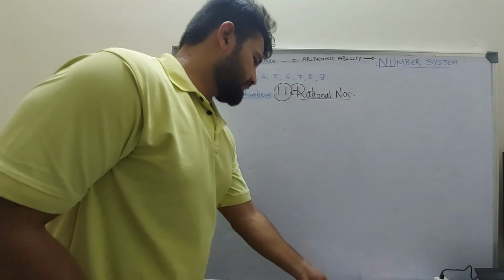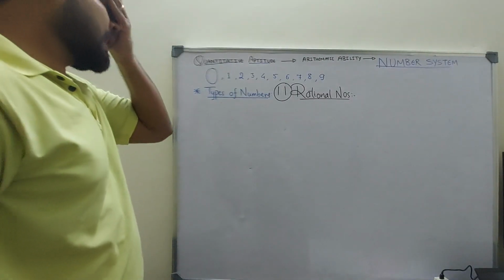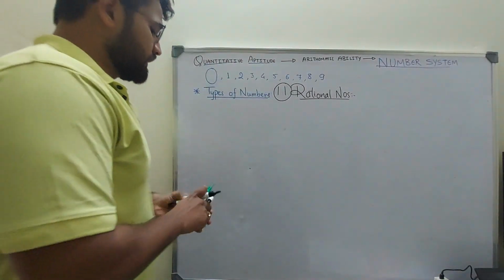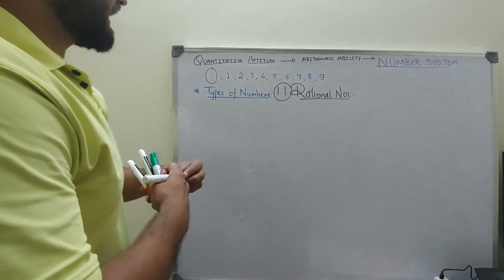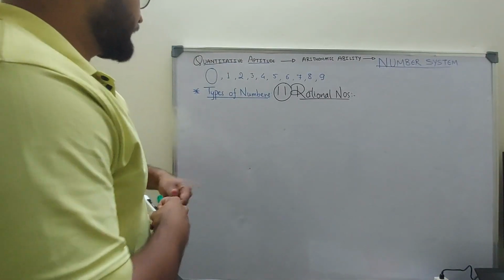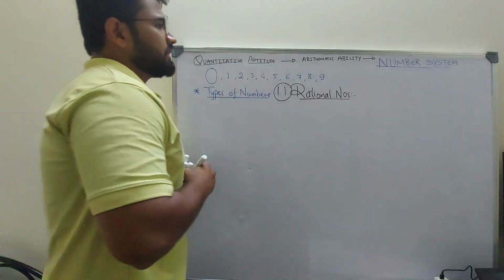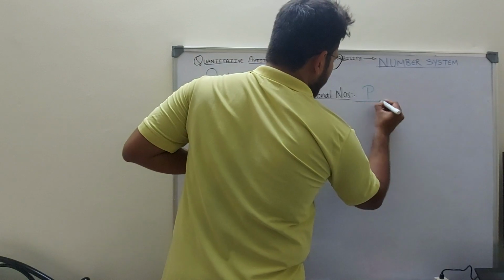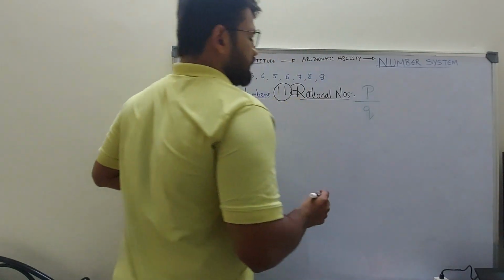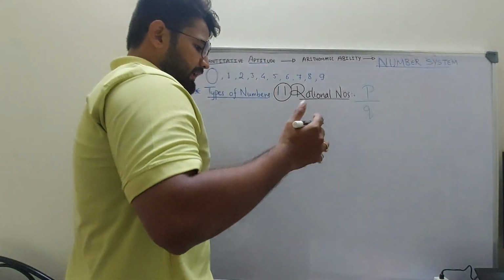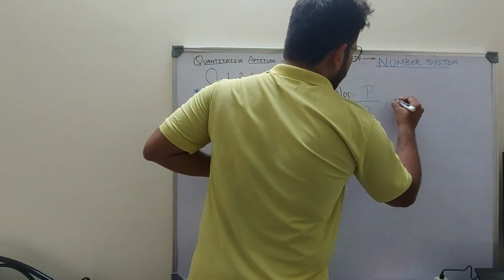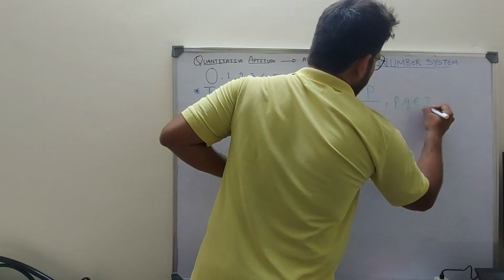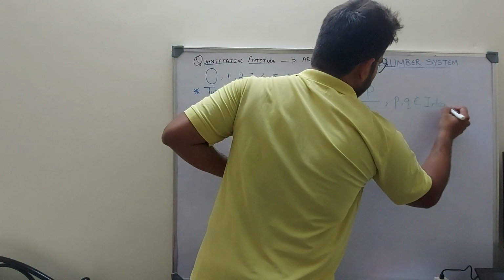Basically, any number which can be written in the form of p by q. I will repeat once again: rational numbers are the numbers which can be written in the form of p by q, where p and q belong to integers.